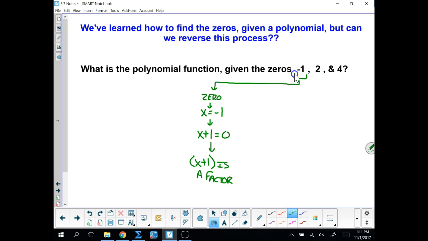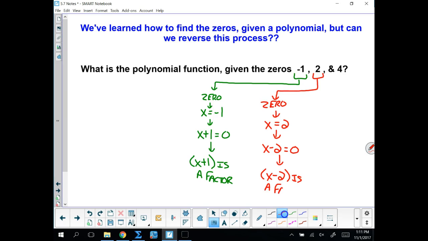So then the process for 2: it's a 0, so x would have to equal 2. So then x minus 2 would have to equal 0. So then x minus 2 is a factor.